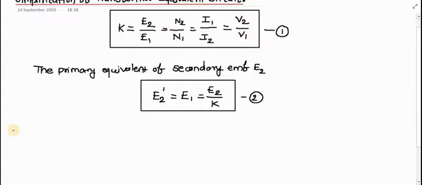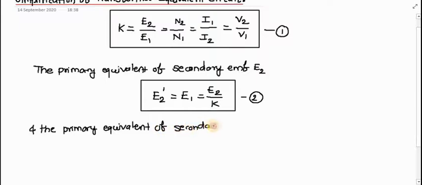Similarly, I can write the primary equivalent of secondary current I2 as I2 dash, which equals K into I2.